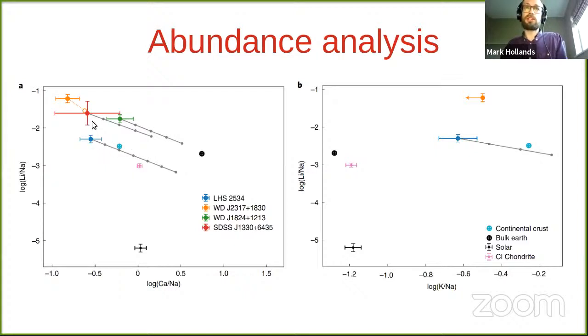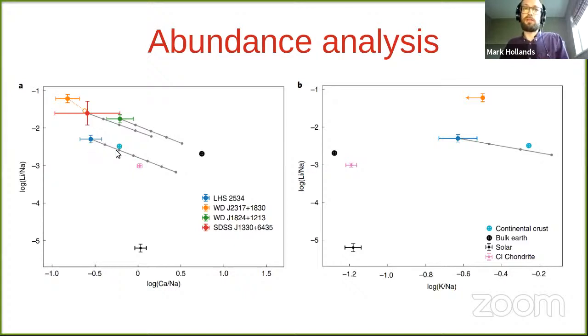These gray lines extending out of them represent the abundance as it changes over time, or looking back into the past, because it takes, say, 1 million years for calcium to diffuse out of the atmosphere, but say 4 million years for lithium to diffuse out of the convection zone. And so over time, the actual observed abundance ratios will change. This represents if you accreted the original material several million years ago.